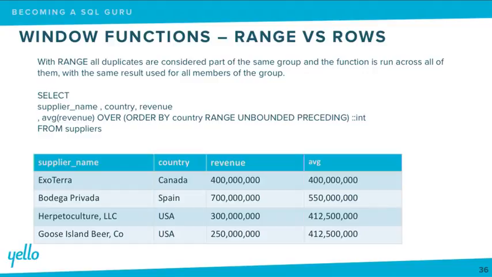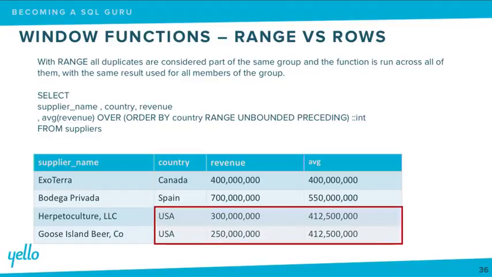As we go through our result set, we can see that we start out with Canada, and the revenue is equal to this average. As we go down one, now the average becomes the average of the revenue for Canada and Spain. As we get to the US, because both of these rows have USA listed as the country, it handles them simultaneously.